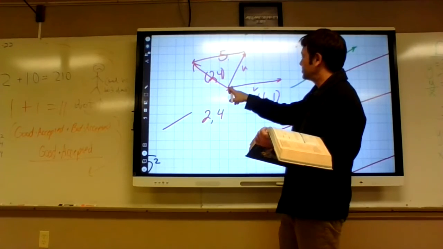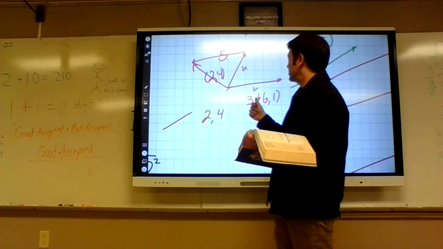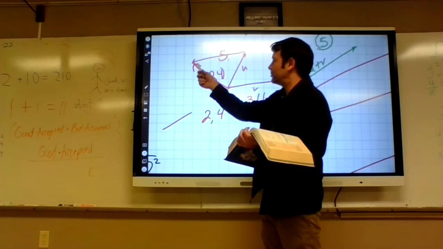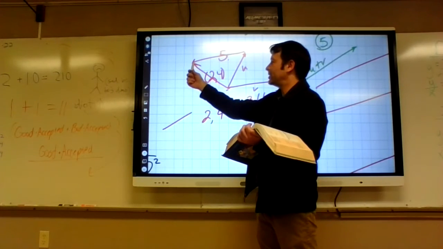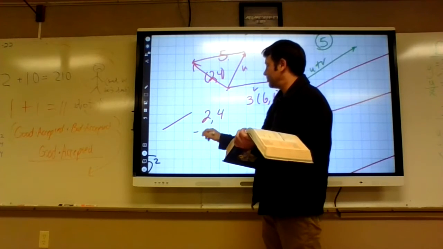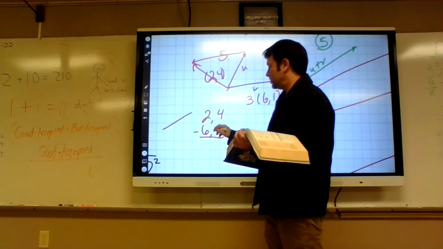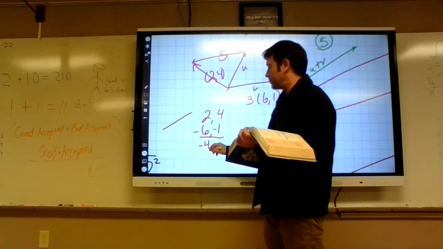Minus v, so this is v right here. If I put minus v up here, it's sticking out instead of 6, 1, it's -6, -1. And this is the vector that they make together. It's basically 2, 4 minus 6, 1. So it's -4, 3.